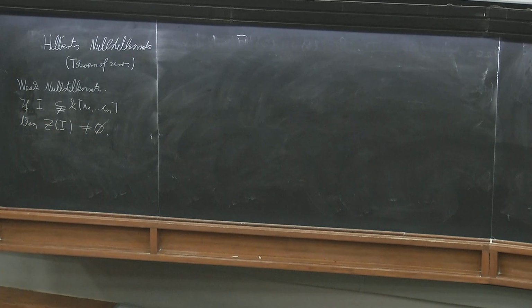So every ideal which is not the whole polynomial ring has indeed zeros.